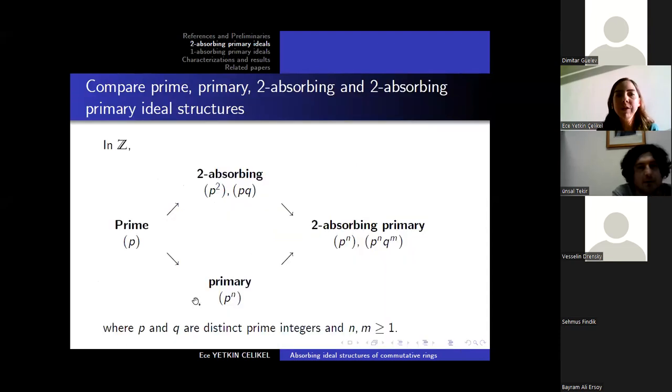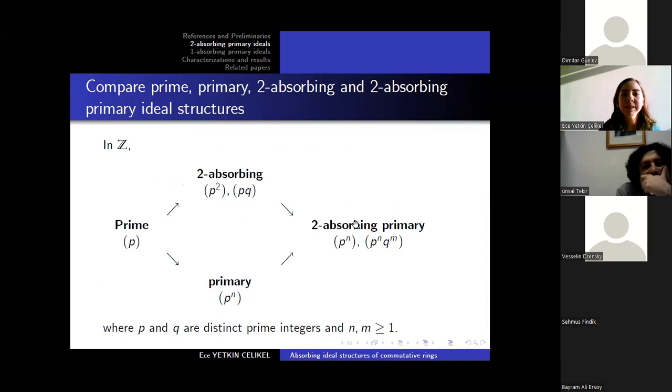So we can compare all of the structures from now. Prime, primary, two-absorbing, and two-absorbing primary structures. There is some picture here. All prime ideals in this ring are produced by some prime integers, you know. And primary ideals are characterized by this one. And what about two-absorbing and two-absorbing primary ideals?